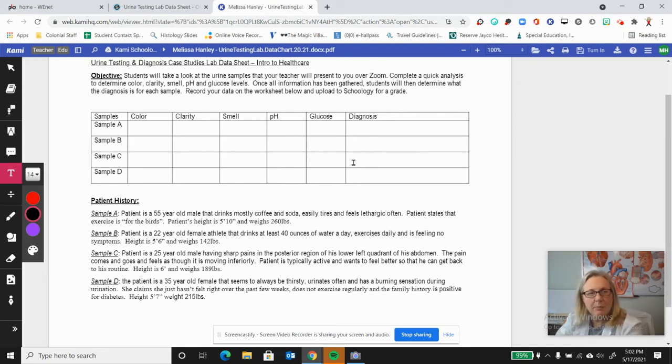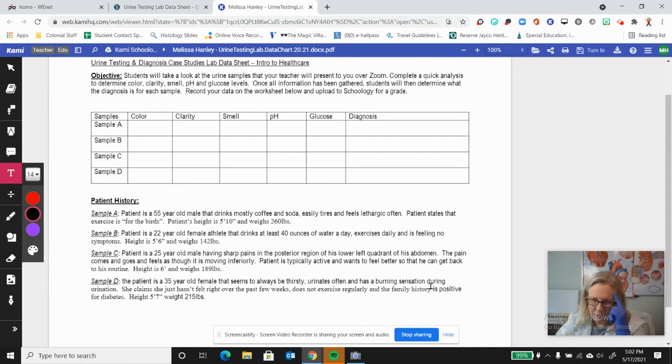All right, we're back for sample D. Sample D is the patient is a 35-year-old female that seems to always be thirsty. She urinates often and has a burning sensation during urination. So when she goes to the bathroom, it burns and hurts a little bit. She claims she just hasn't felt right over the past few weeks. She does not exercise regularly, and there is a family history for diabetes.